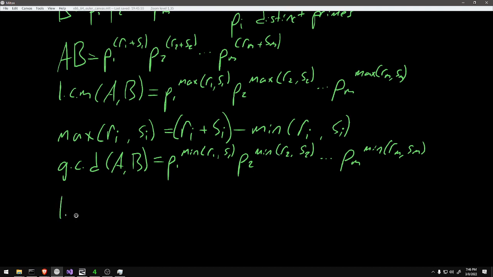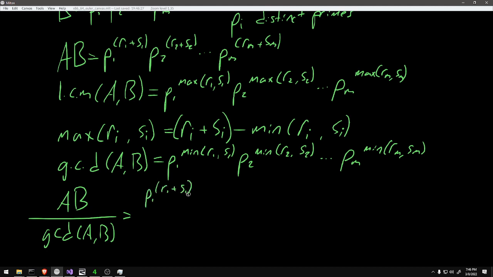So the least common multiple of AB equals, or let me write it this way: AB over GCD of AB equals P1 to the R1 plus S1, P2 to the R2 plus S2, up to PM to the RM plus SM.